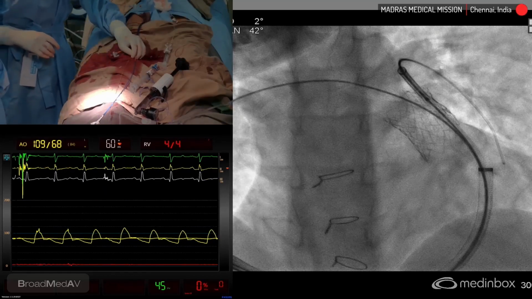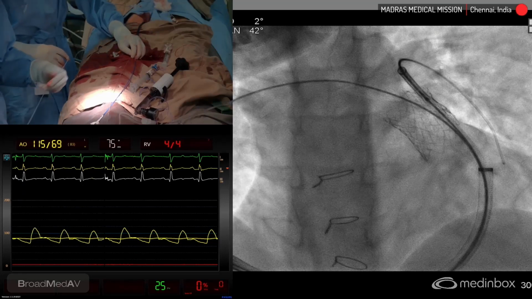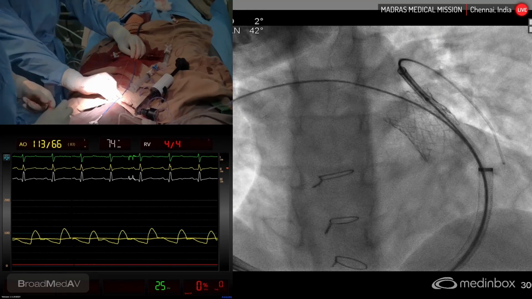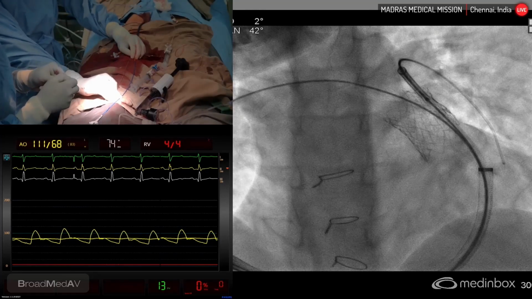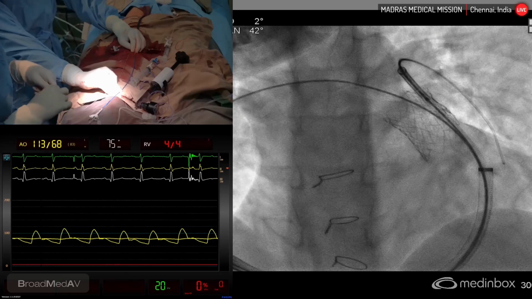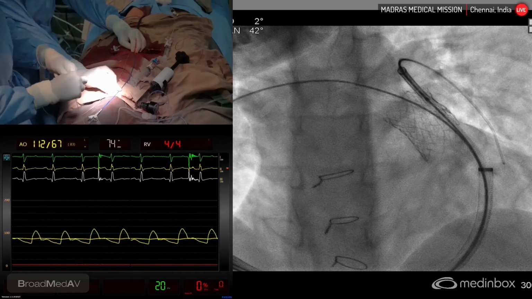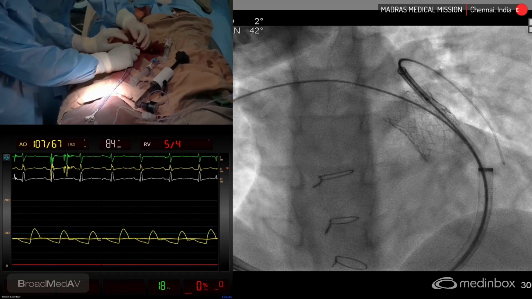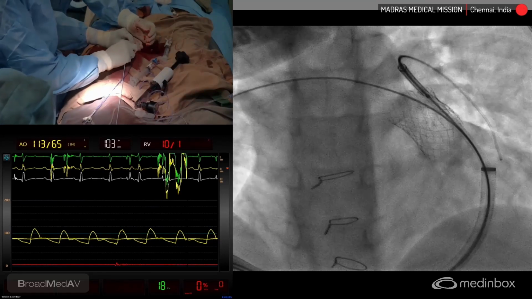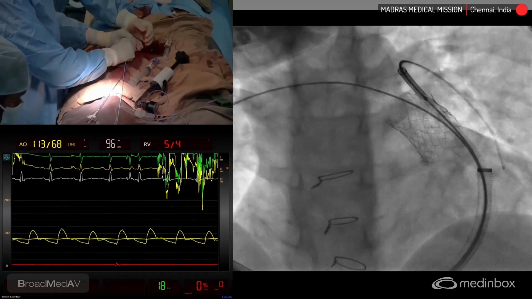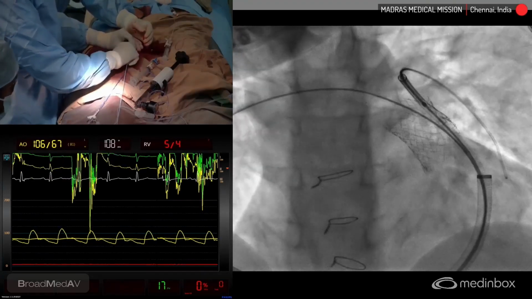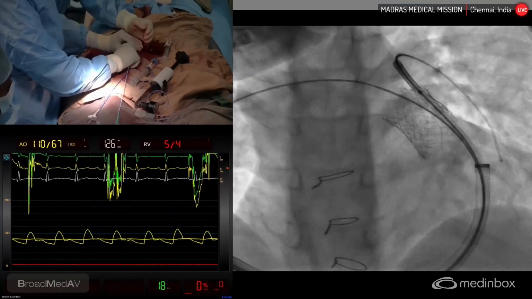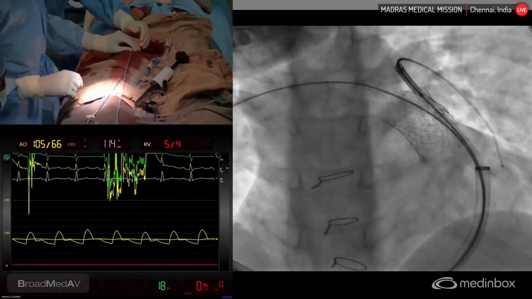Get me a diagnostic 5 French catheter. Hold it straight and... also having a lot of resistance.